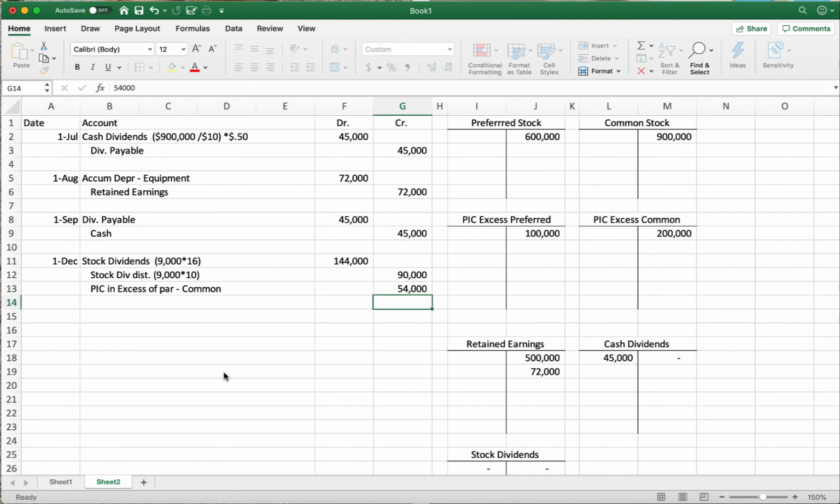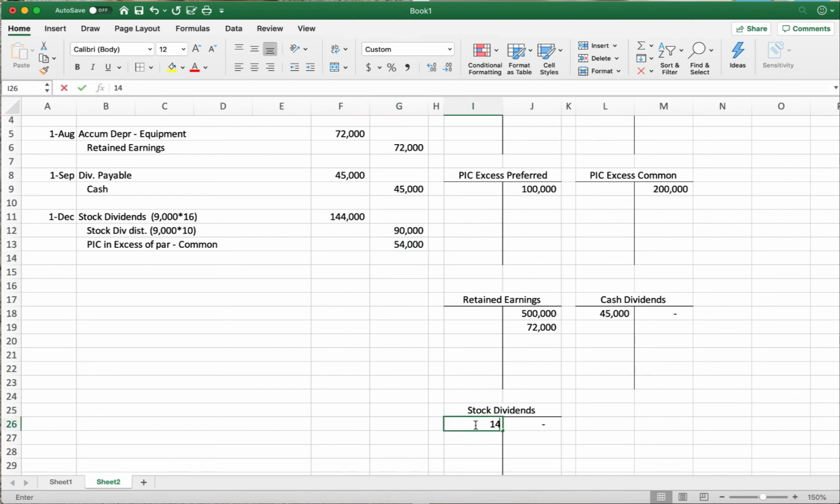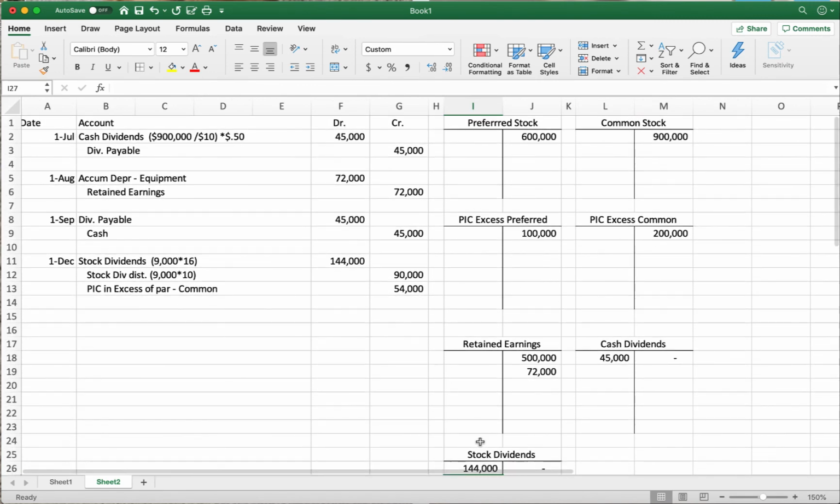Okay. I'm going to post this journal entry now, right? So what do I have? Well, stock dividends is being debited for $144,000, right? I'm going to post that. I'm only worried about the equity accounts here. That's why I'm not posting any of the liabilities or the cash, the assets.